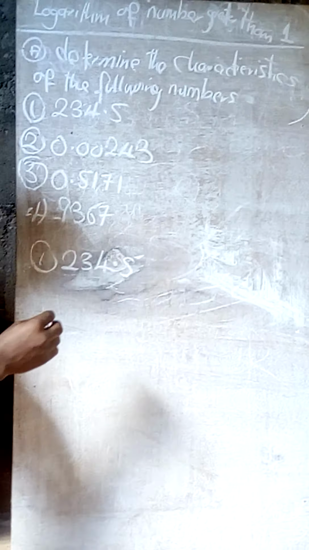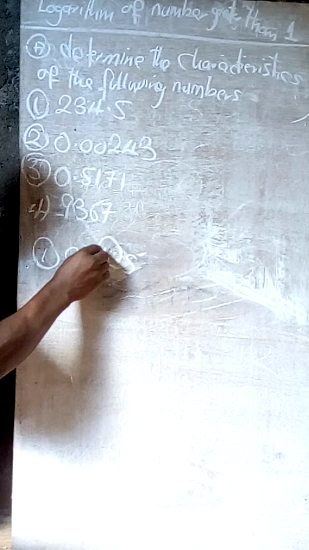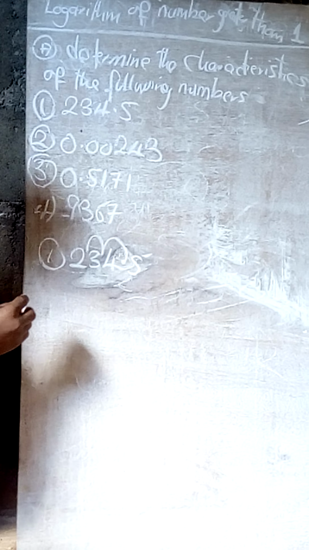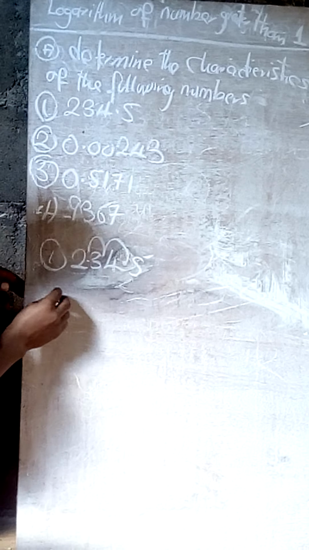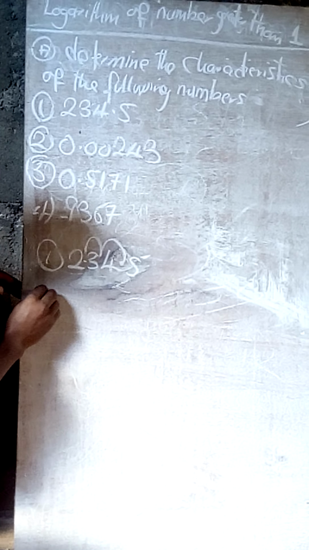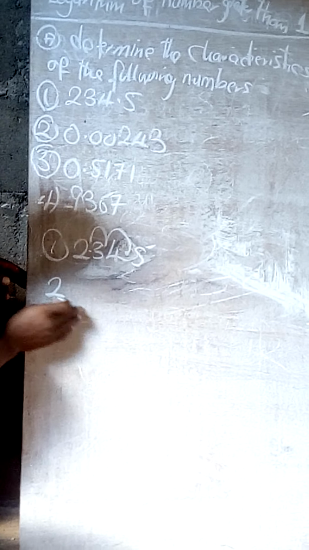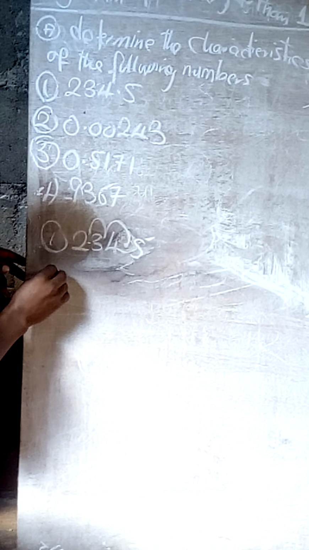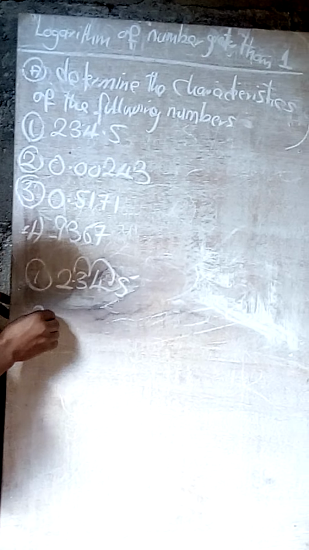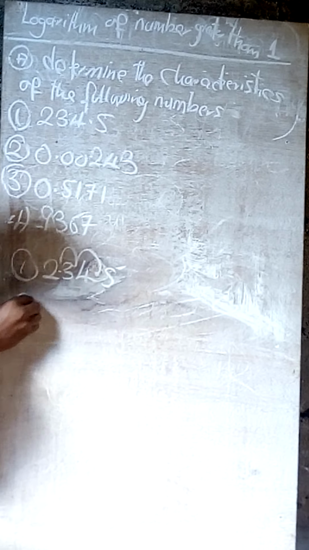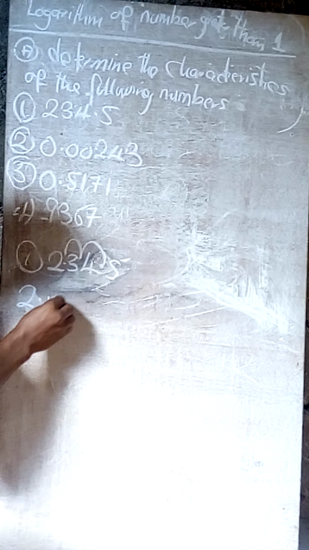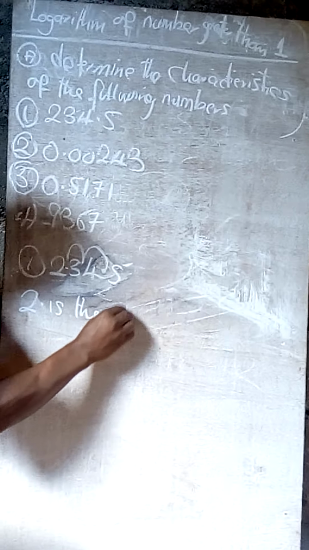Let's count together now. 1, 2. That means our characteristics here is now 2. 2 is the characteristics.